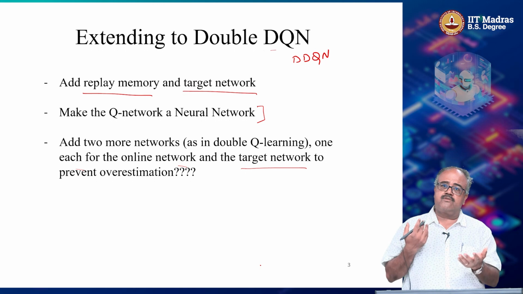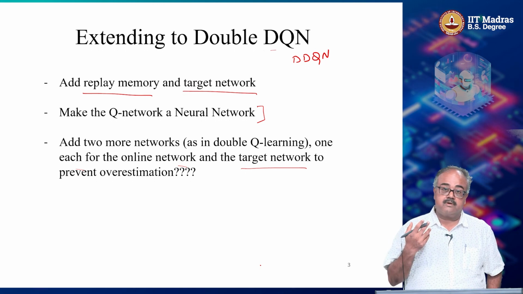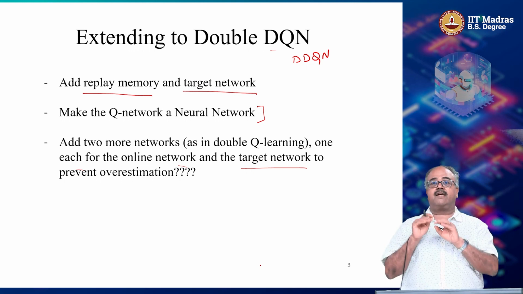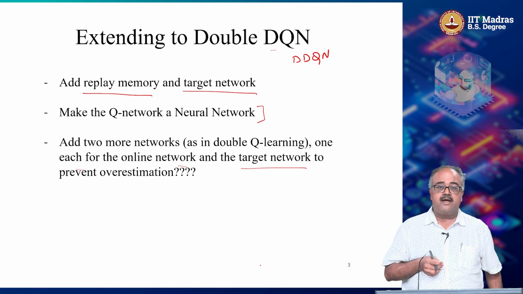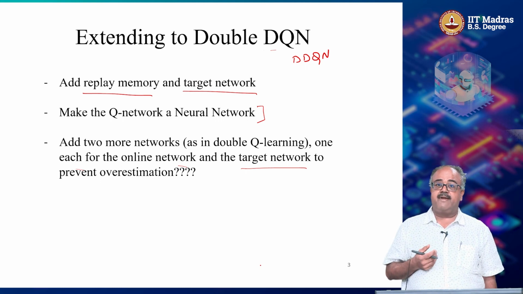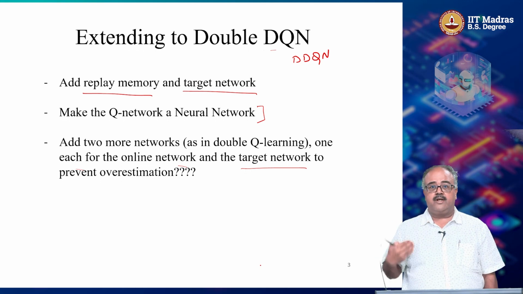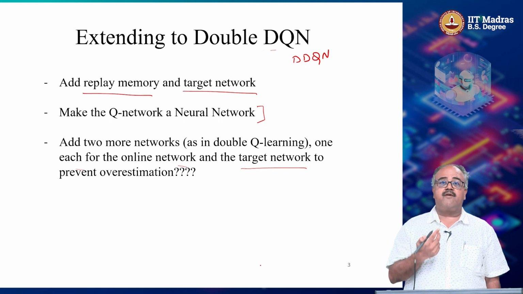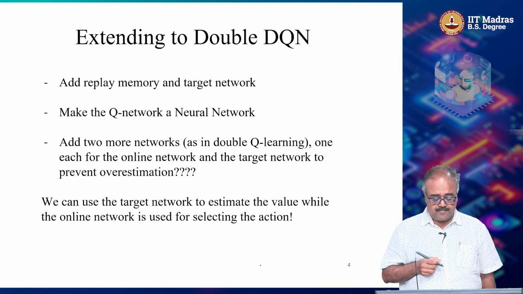Do you leave the target network as it is and use one more network for the Q estimator, so that you learn three networks, the target, Q1, Q2? Or is there a clever way of doing it, since you already have two Q networks?